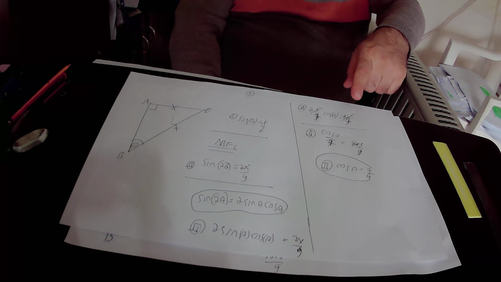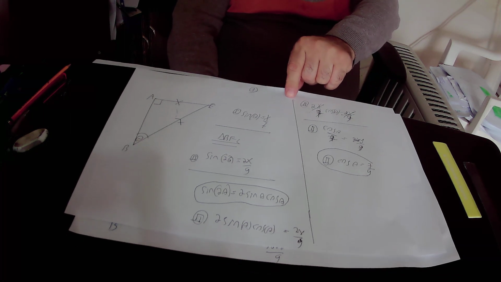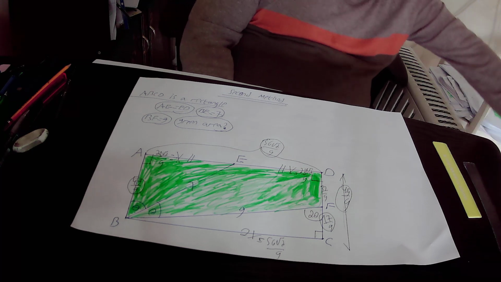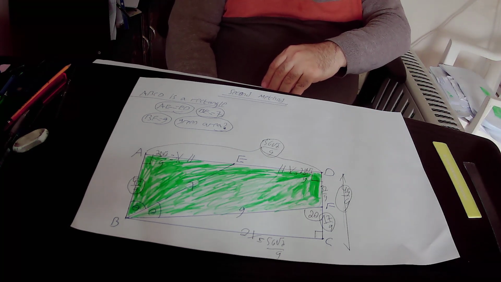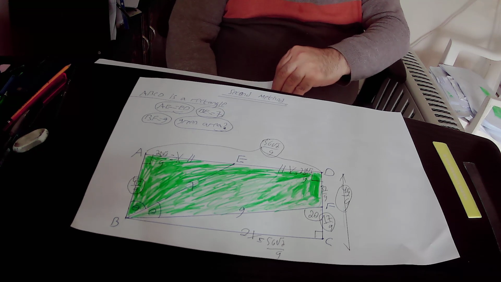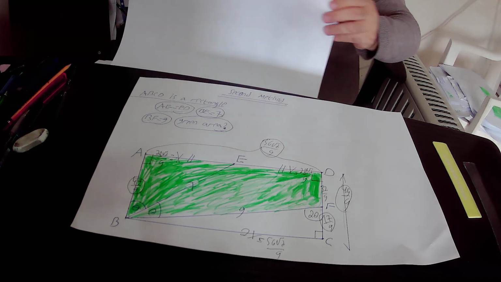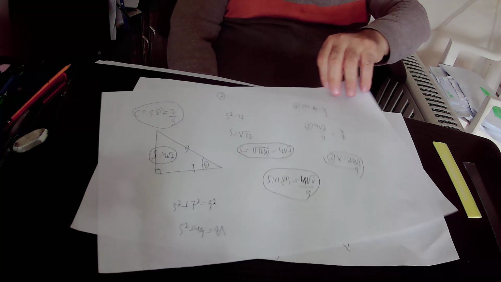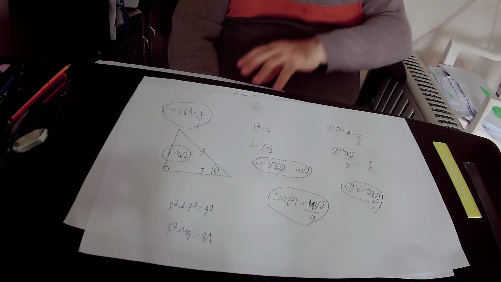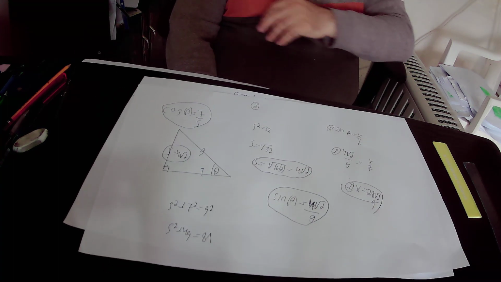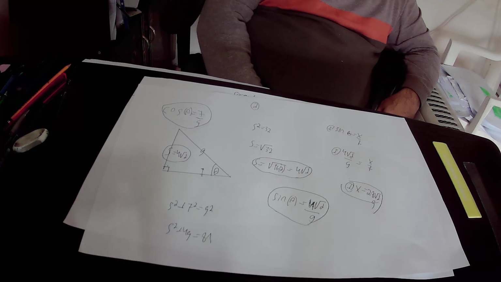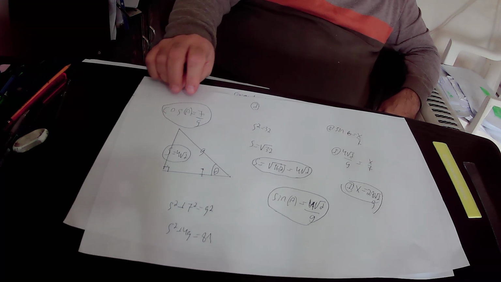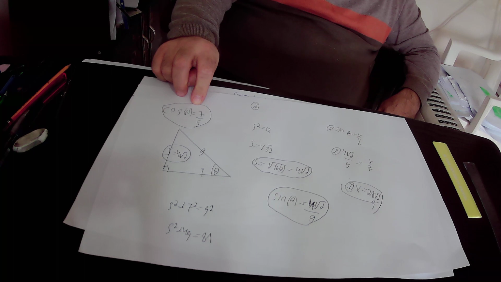We multiplied this equation by 7, and we got that cosine theta equals 7 over 9.